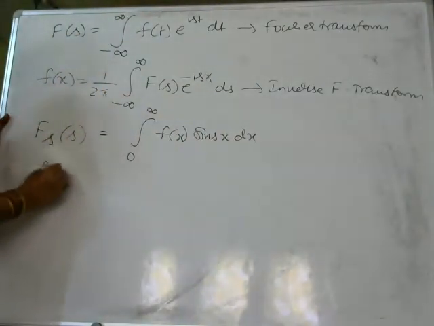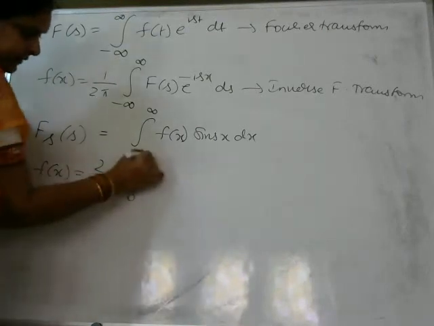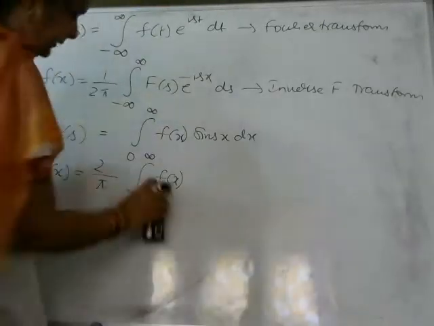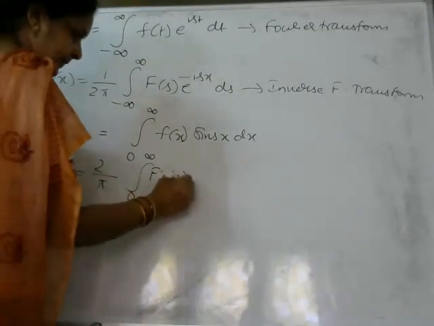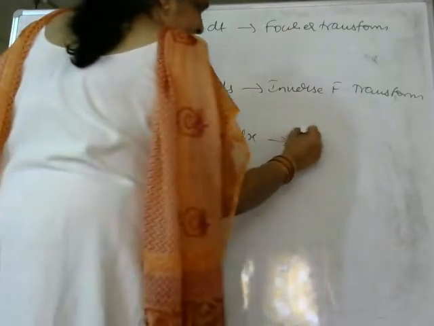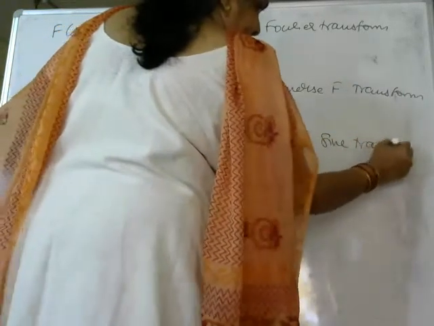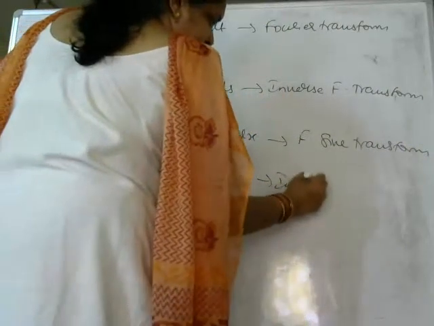And f of x is equal to 2 by pi integral 0 to infinity Fs of s sine sx ds. This is called the Fourier sine transform. This is called the inverse Fourier sine transform.